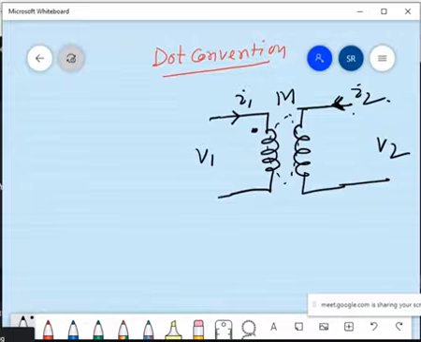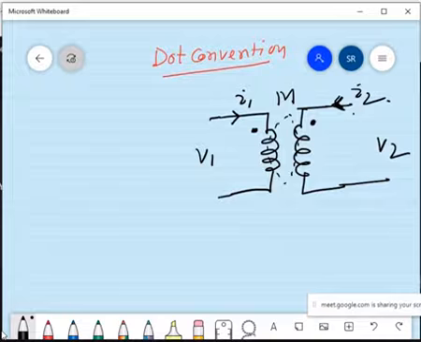You see there is some dot. The current is entering, and in the second coil also current is entering, the dot is here. So what is the dot convention?